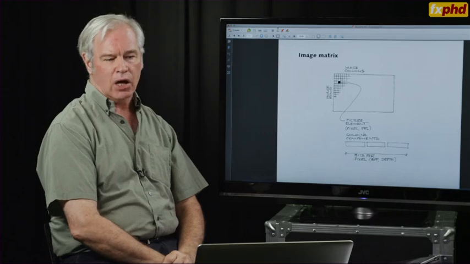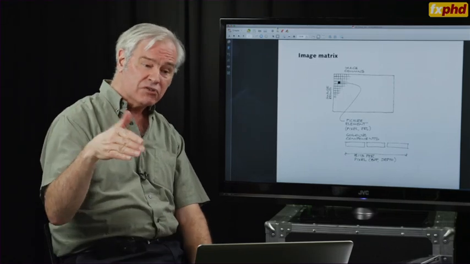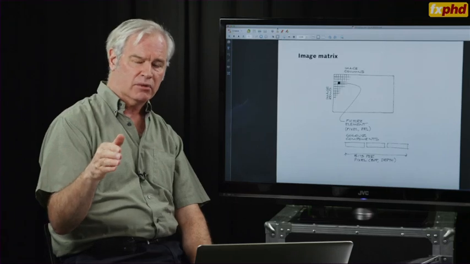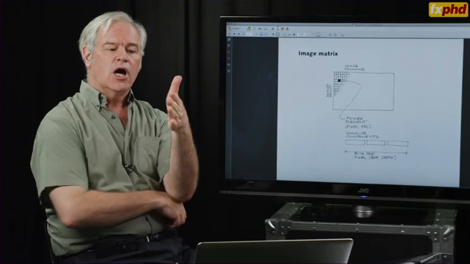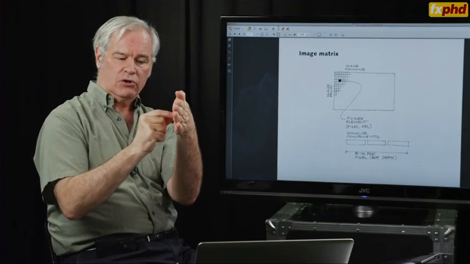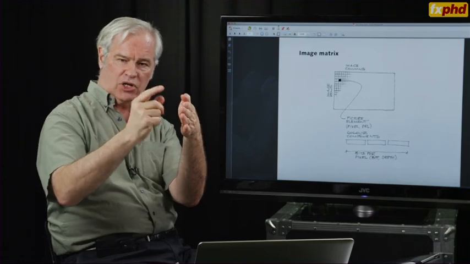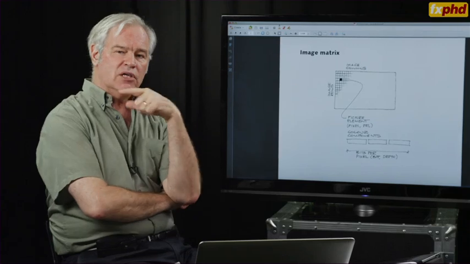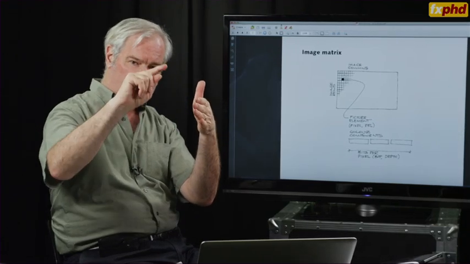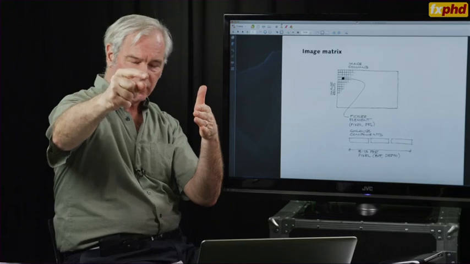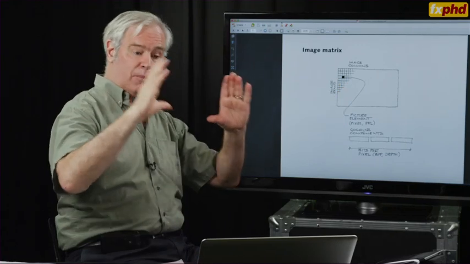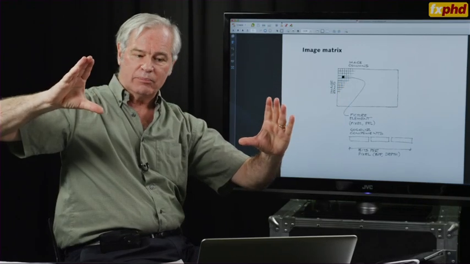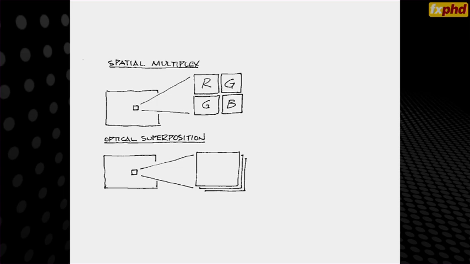So it became feasible about 10 years ago and common about 5 years ago to have a single sensor upon which little filter elements are overlaid, RGB, RGB, RGB, RGB, or maybe even RGGB, RGGB, RGGB. And so the image matrix comprises all of those color components mixed up together.